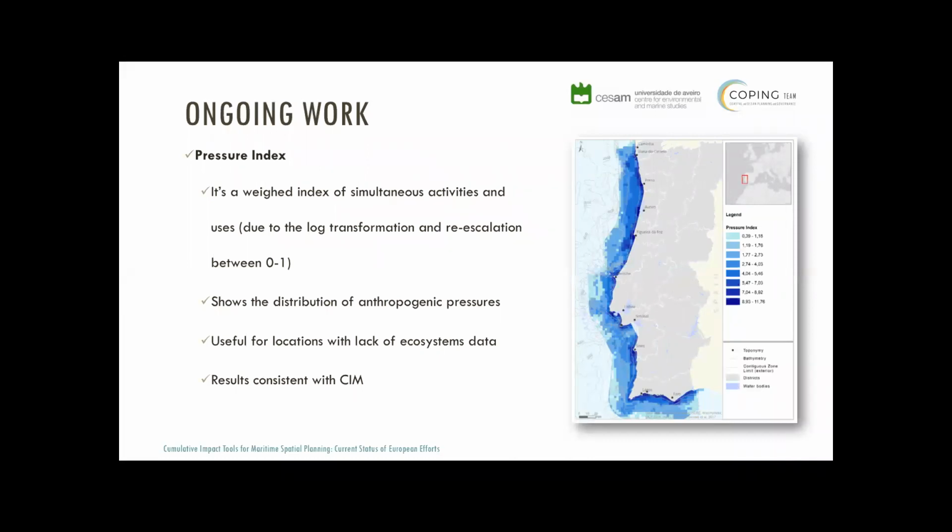This shows that the distribution of anthropogenic pressures is more homogeneous in the study area. It's useful for locations with a lack of data regarding ecosystems, and despite this, the results are consistent with the cumulative impact model that we proposed before, and these areas are more impacted also near the coast.